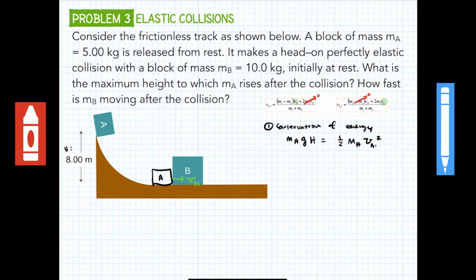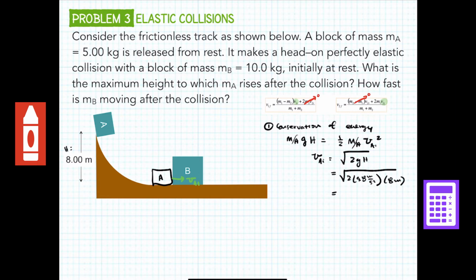All right, so then we just do this and we end up with VA initial is equal to the square root of 2GH. So that's going to be the square root of 2 times 9.8 meters per second squared times 8 meters. That means our initial speed is going to be 12.5 meters per second. Okay, so that's the initial speed.